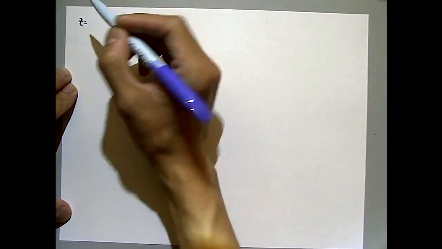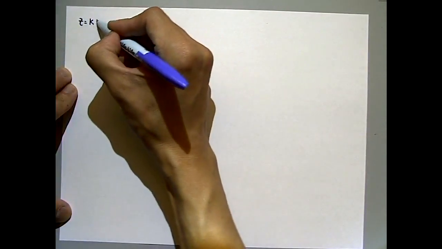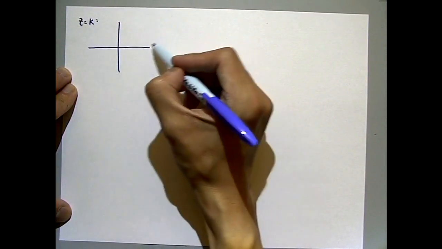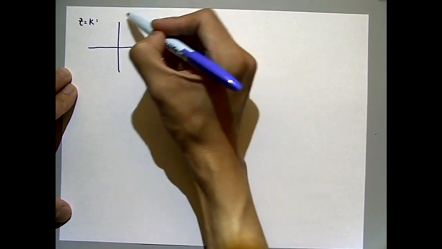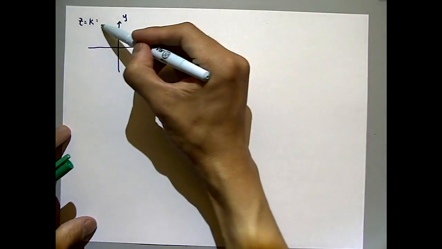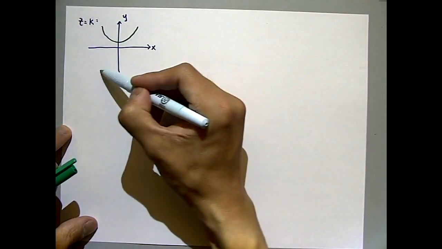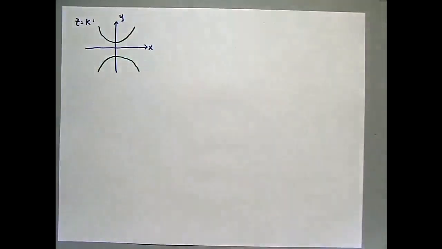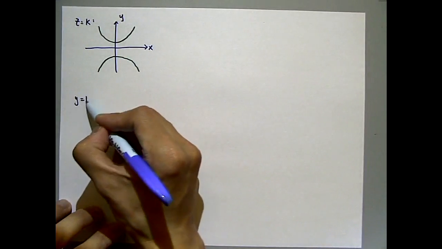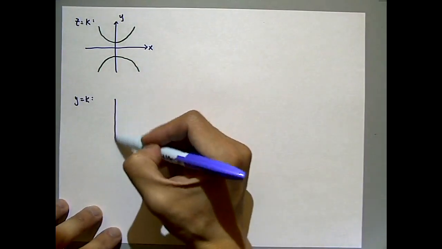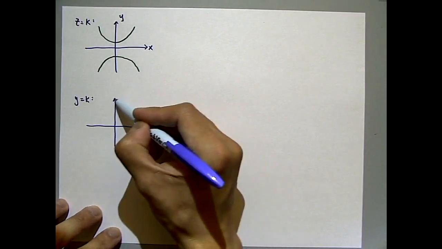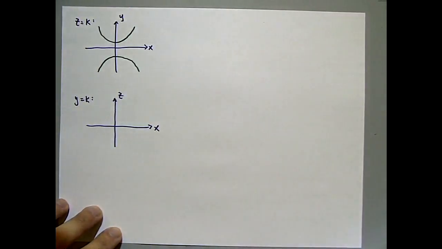And I'm going to resketch the perspective views on the same page here just so we can keep referring back to what we should be seeing. So I'm just reproducing what we already know. That's z is equal to k. Y is equal to k. We get a circle.